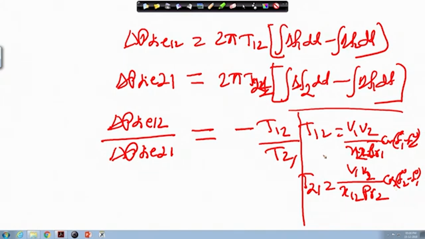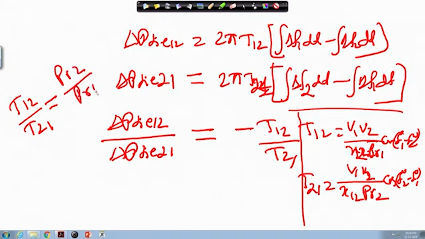Now, if you divide this T12 by T21, what you will get, right. So, it is T12 divided by T21. If you divide it, then it will be actually P_r2 by P_r1. So, T12 by T21 is equal to P_r2 upon P_r1, right.